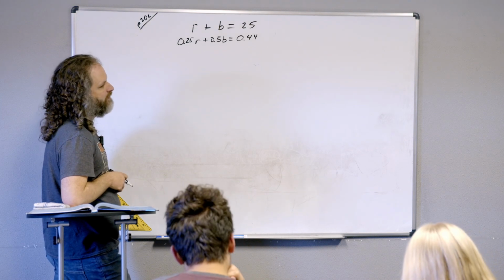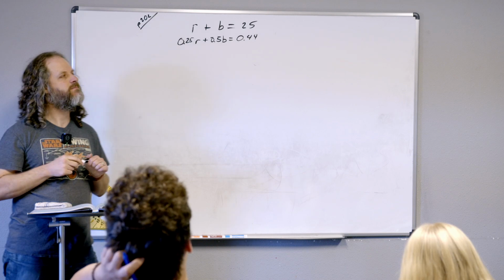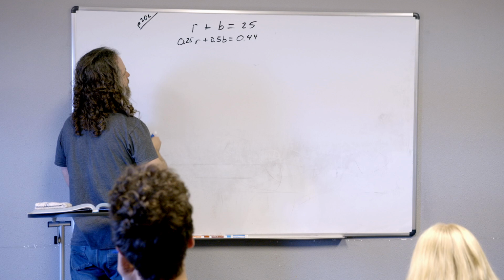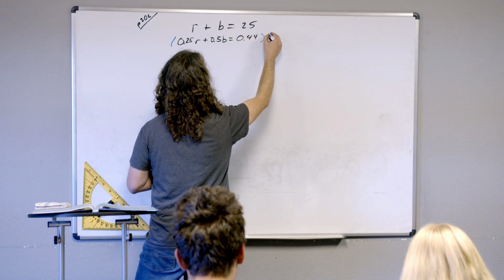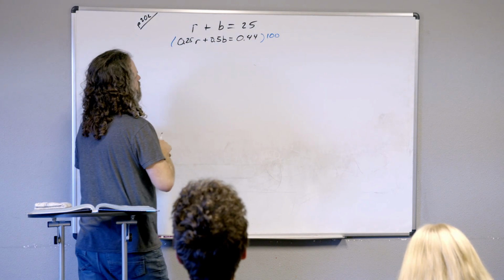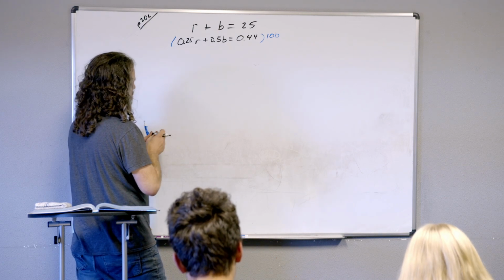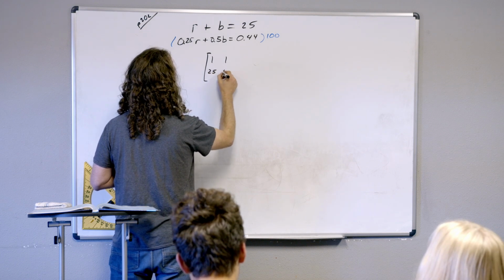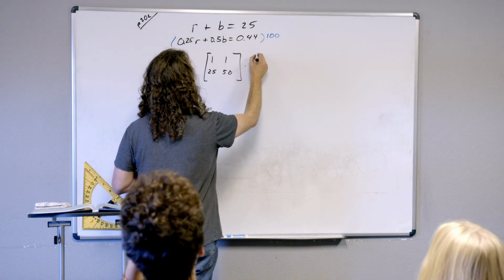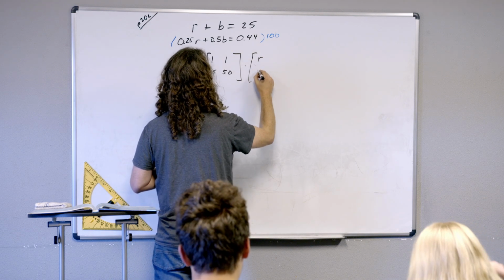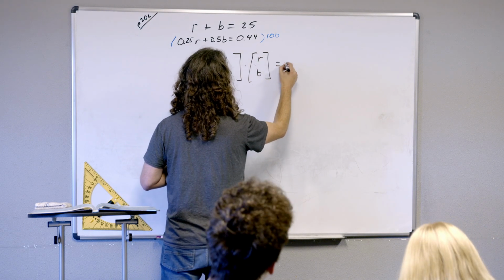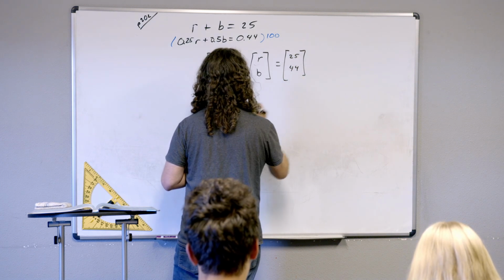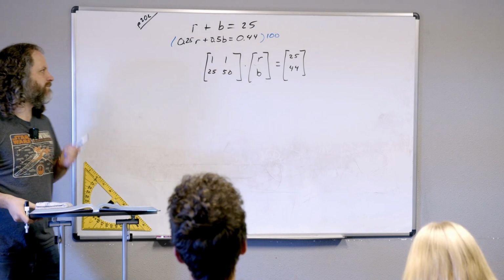I know what I would do first to solve this. Multiply by 100. Yeah, that's what I would do first, to get them not percent or decimals. I think that's a reasonable place to start this problem.